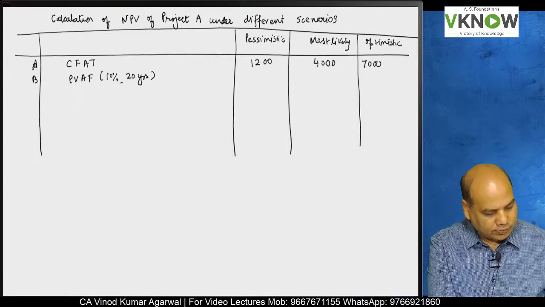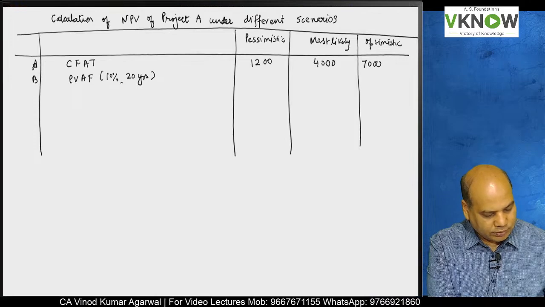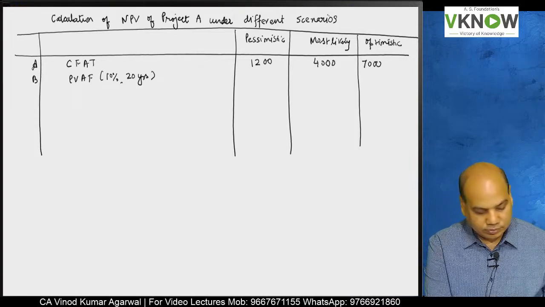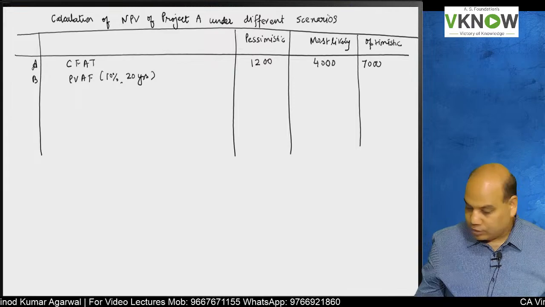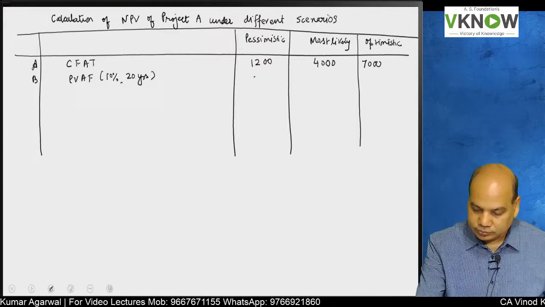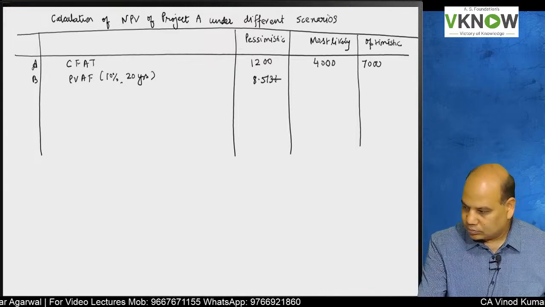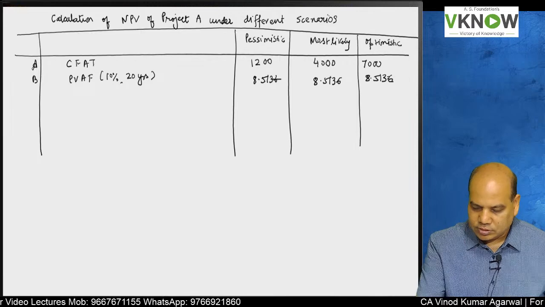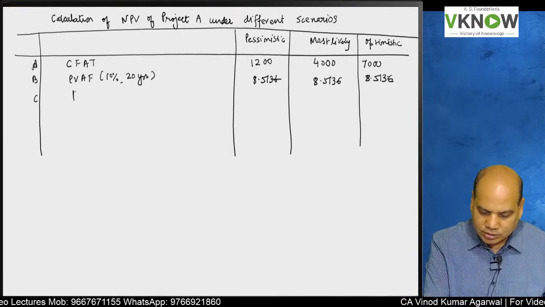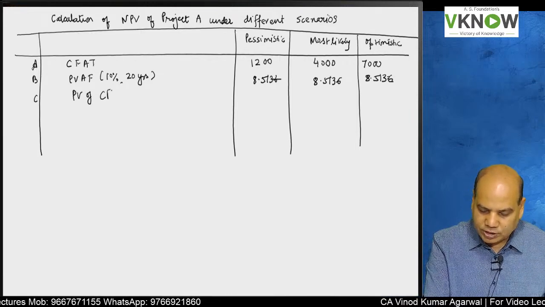What will be the answer for 10% and 20 years? Can you please reply? 8.5136. Point number C, write down PV of CFAT.